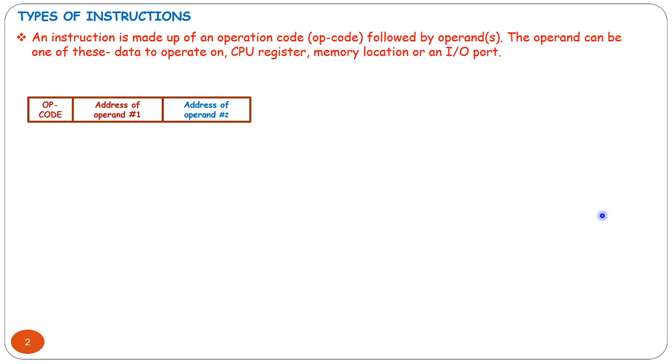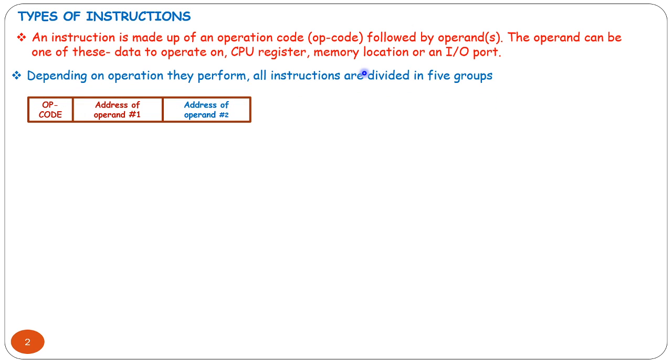Every instruction is made up of an operation code followed by the operands. The operands can be data from memory, a CPU register, or an input-output device or port.